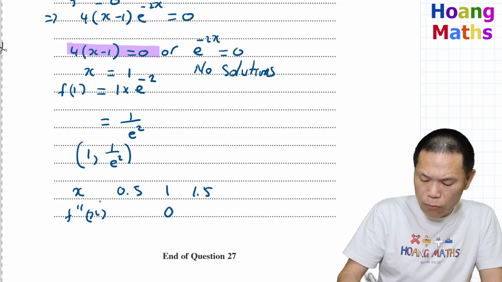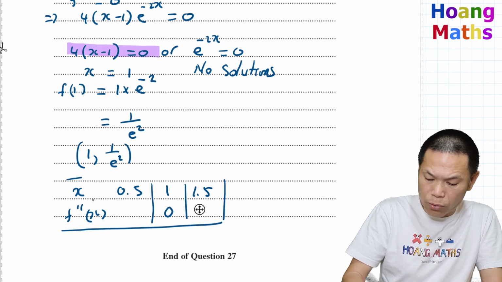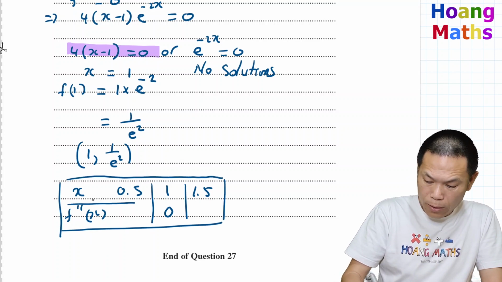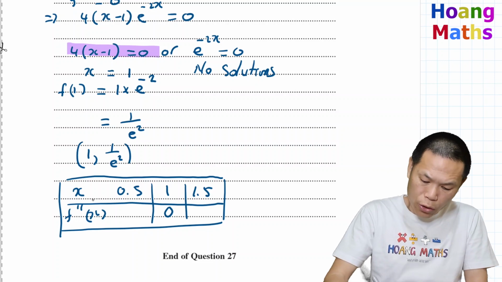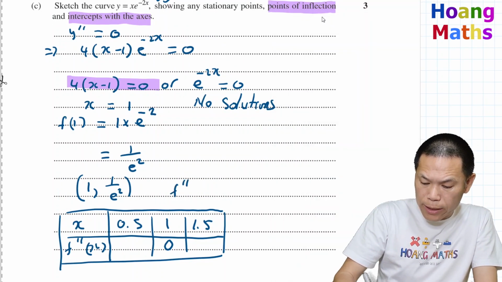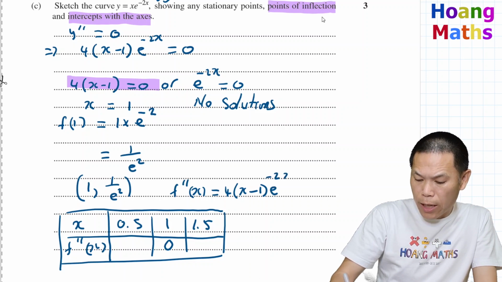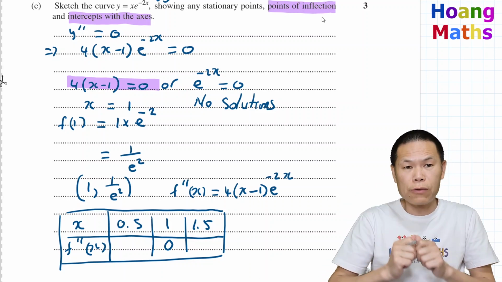And we have 0 for the y double dash x, or f double dash x if you like. So now I just put it down on the calculator. Let me just write this down here first. f double dash x is (4x minus 1) e to the negative 2x. So now just substitute this value in.